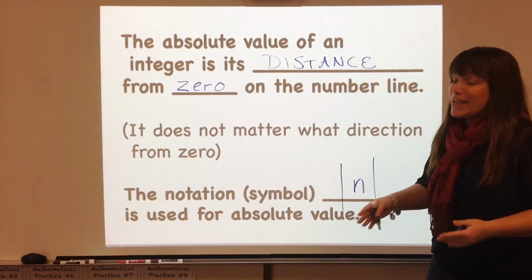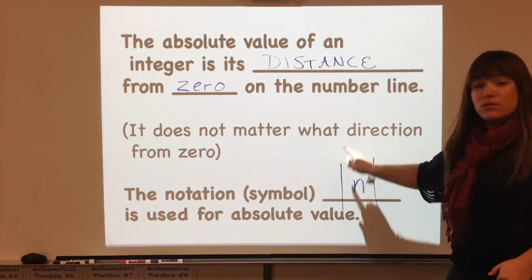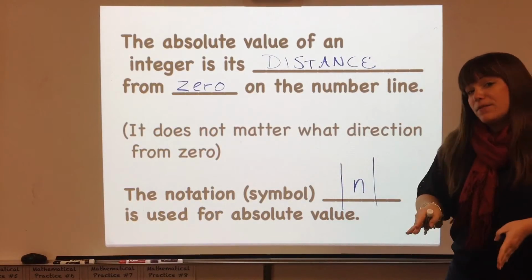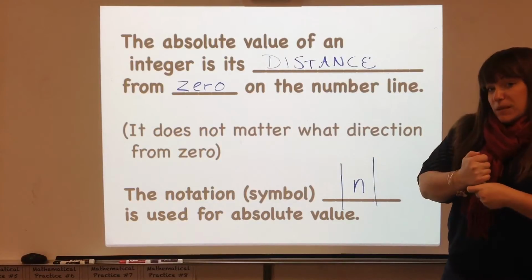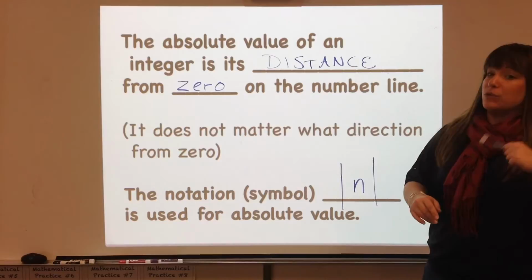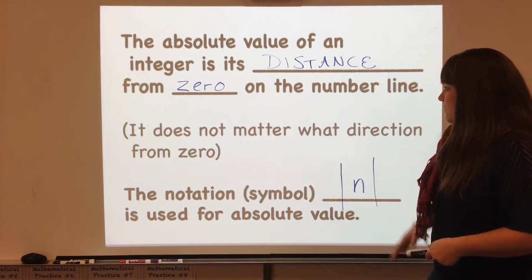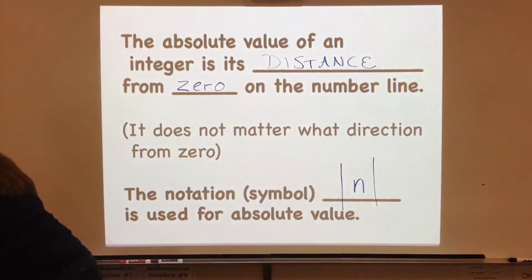We can do this negative billion as well. And whenever you see those 2 vertical lines on either side of the number, or you'll sometimes see 2 numbers in there, we have to find the absolute value of whatever is inside. So, fill that in. Move my screen down.